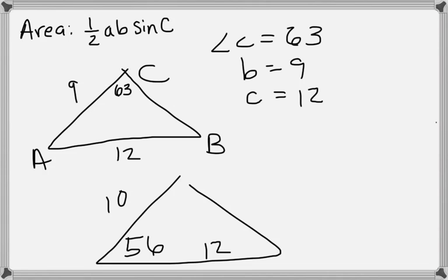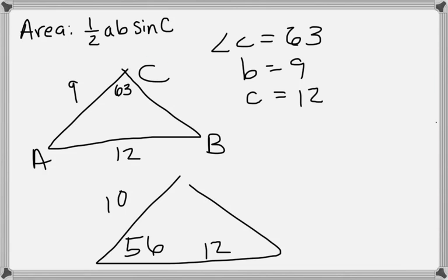Now, if you look at your formula sheet, your worksheet, this is not on your worksheet, but look at the picture up here: 10, angle 56, and then side length 12. If I were to try to find the area of the bottom triangle down here, it would be 1/2 times 10 times 12 times the sine of 56. That's 1/2 side A times side B times the sine of the angle that's in between them.